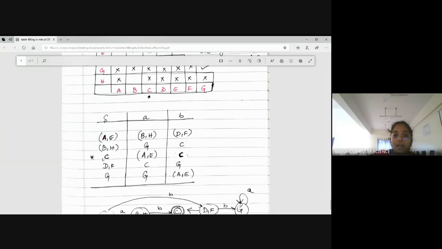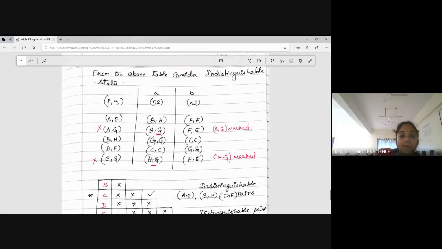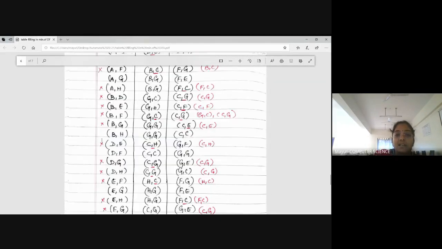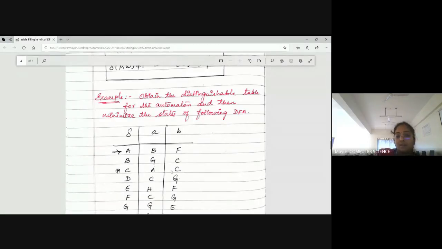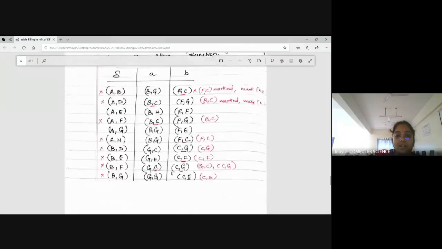For C, I could not see C here. I don't have a C here. Then where do I have to look? In my initial transition table. On C, you tell me where it is going. It is going to A and C. Do you have a state called A?